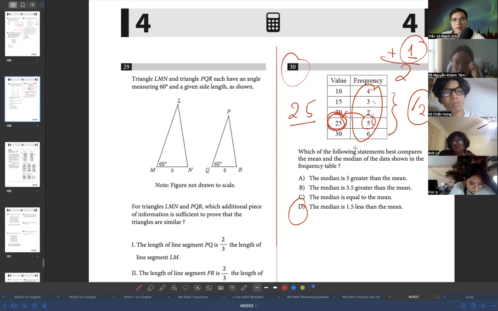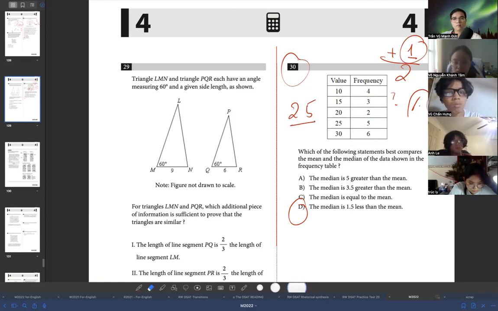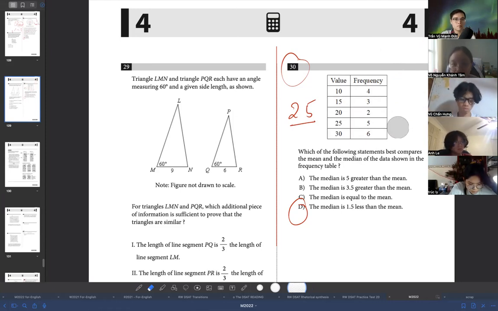And how about the mean? What is the mean? For the mean I took 10 multiplied by 4 plus 15 multiplied by 3 and so on, and all divided by 20. Yes. And you get how much?